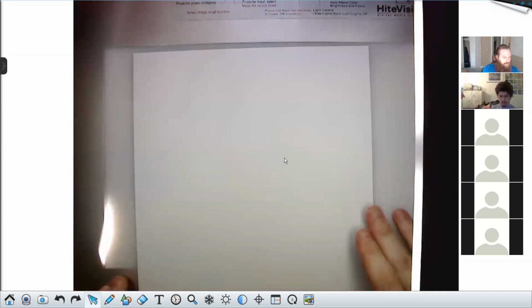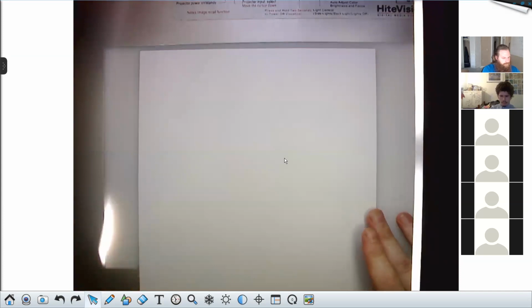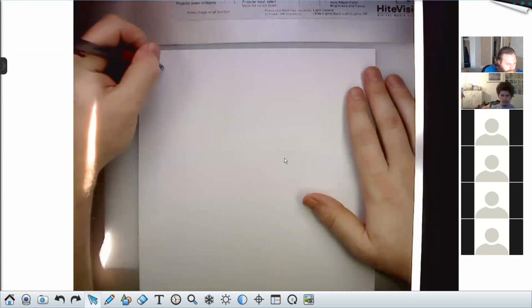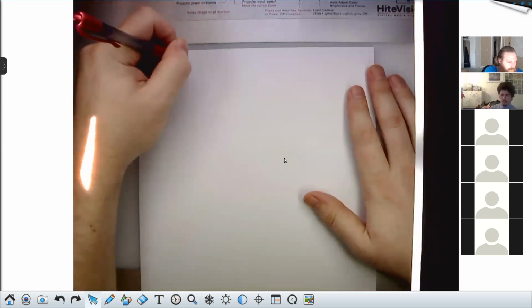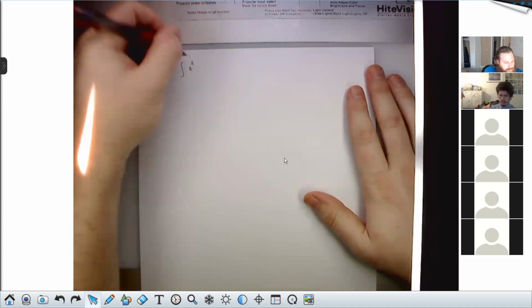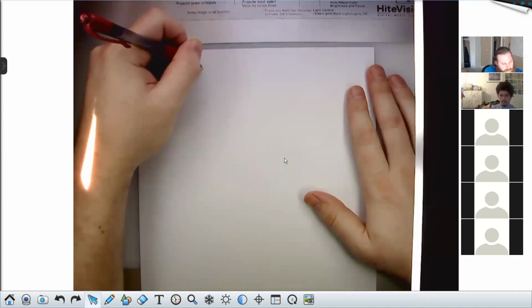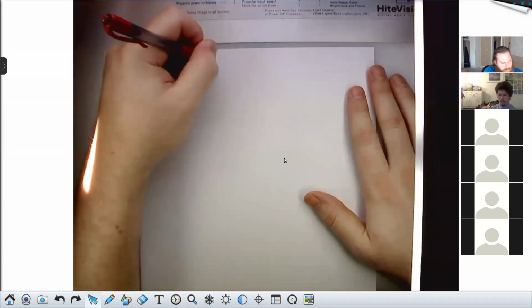So, we just did the integral of x e to the x. X squared times sine x is similar.